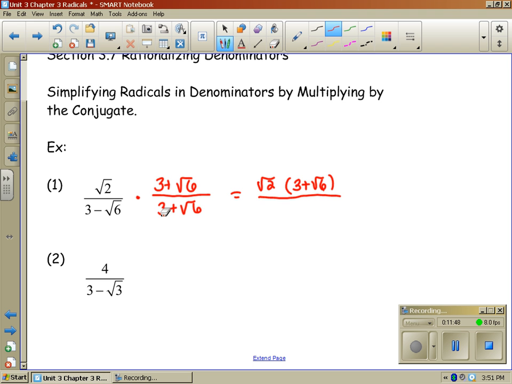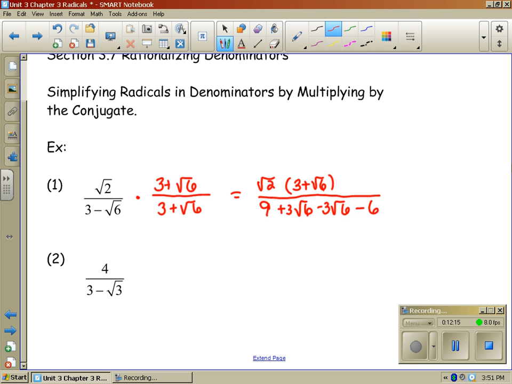We're going to FOIL them out. 3 times 3 is 9. 3 times the square root of 6, 3 square root 6. Square root 6 times 3, negative, so negative 3 square root 6. Square root 6 times square root 6 is 6, and it's a minus.